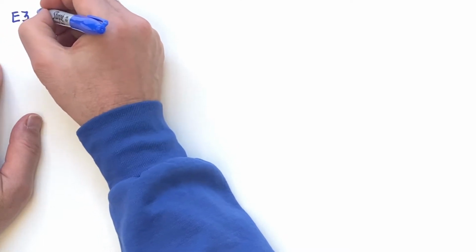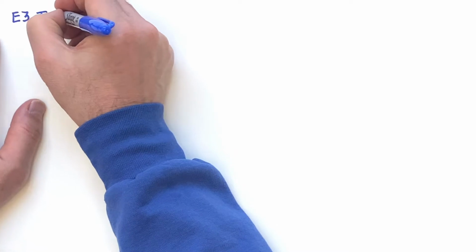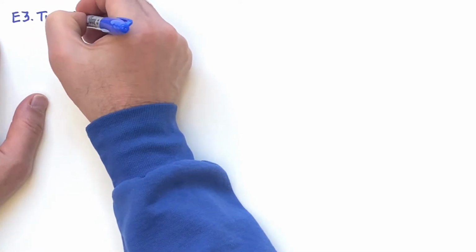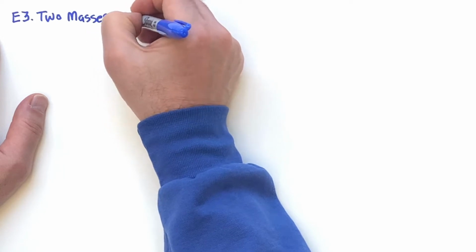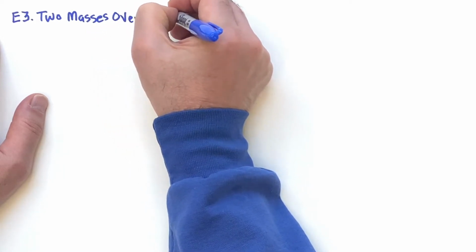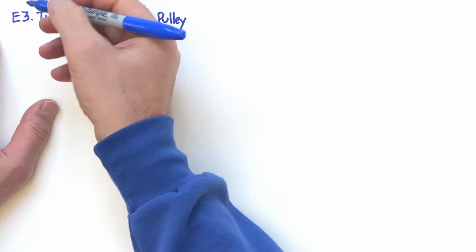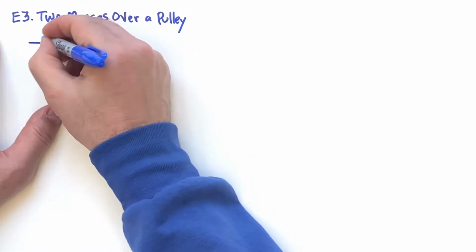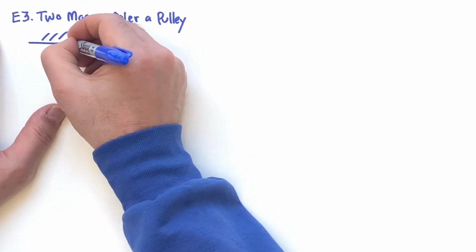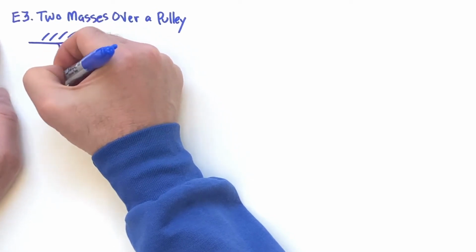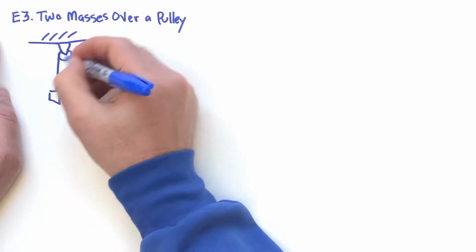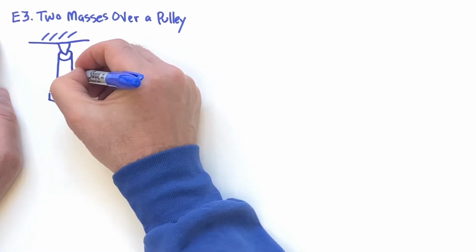The third problem, E3, two masses over a pulley. So here there's a pulley, and we're hanging a mass on one side and a mass going to hang on the other side.